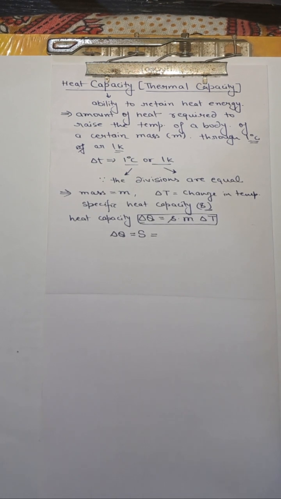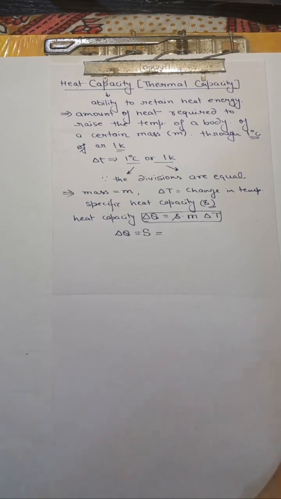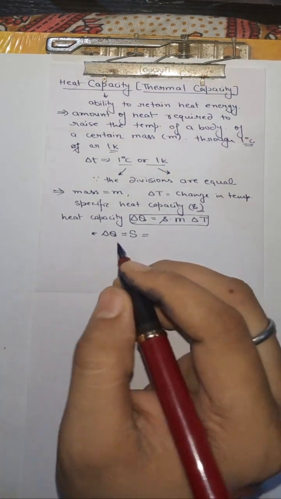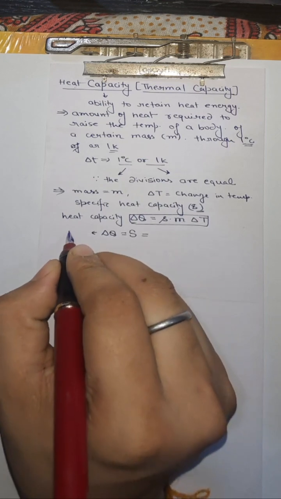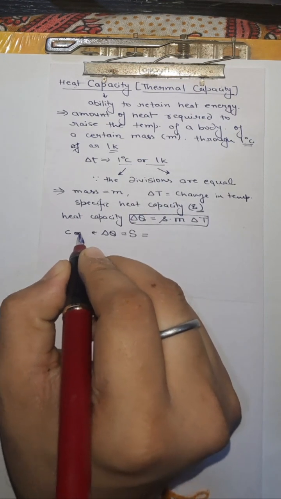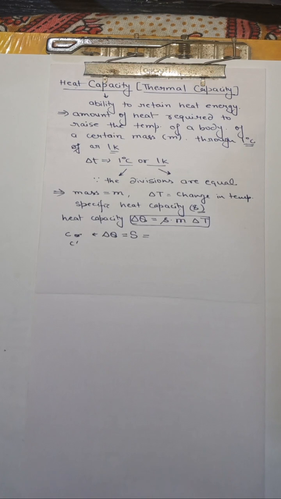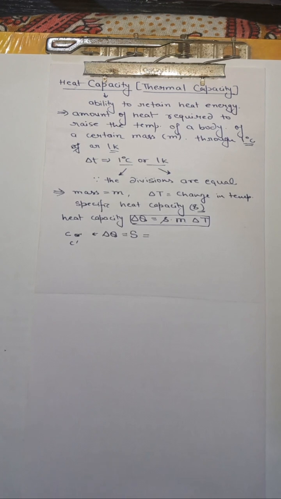Somewhere in some books it is also mentioned as C or C dash, meaning thermal capacity or specific heat capacity.